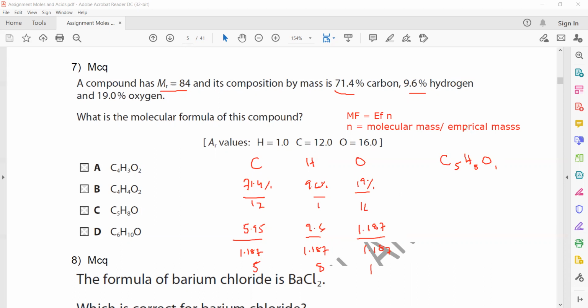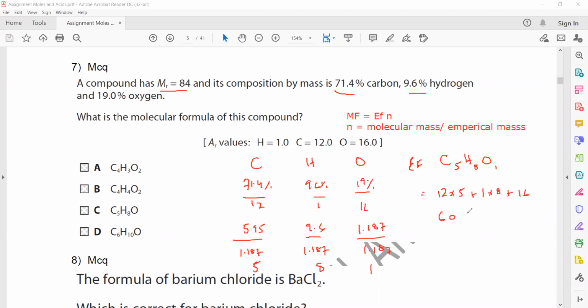Then to get the empirical mass, from empirical formula we'll find empirical mass. So carbon is 12 multiplied by 5, plus hydrogen is 1 multiplied by 8, plus oxygen is 16.